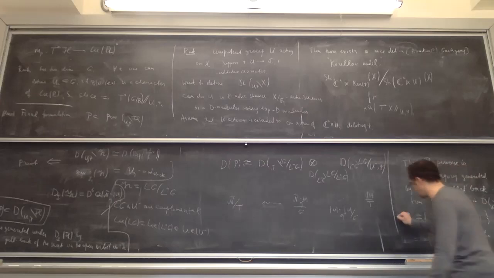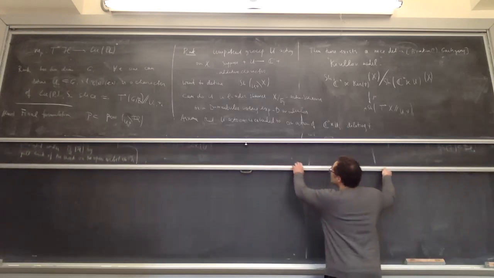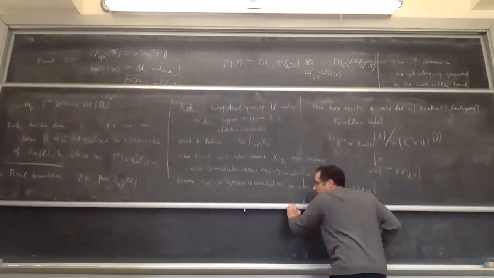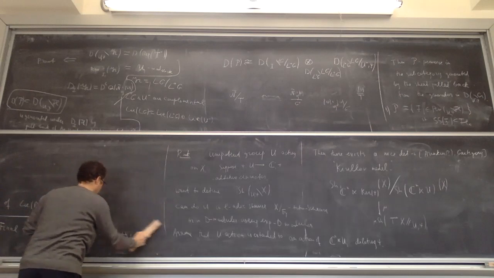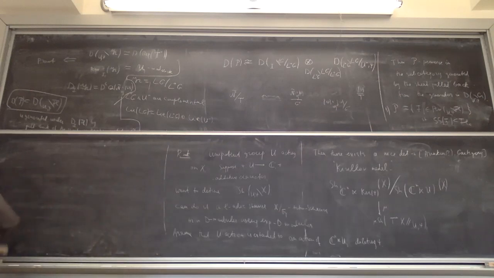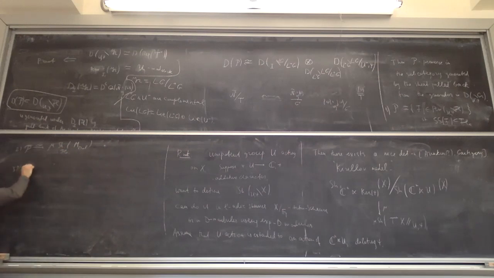This is the first statement, and then P maps isomorphically to the microlocal sheaves on M double supported on E. And P has this description: P is essentially modules over A prime supported at 0.